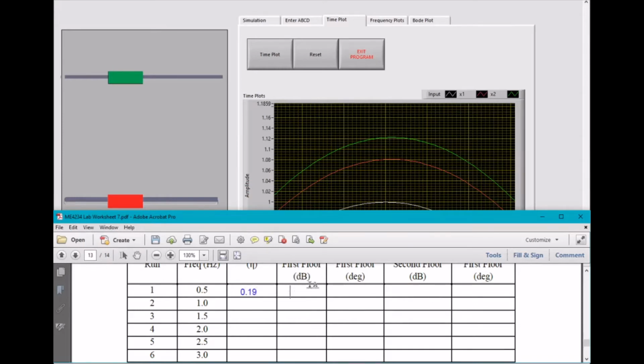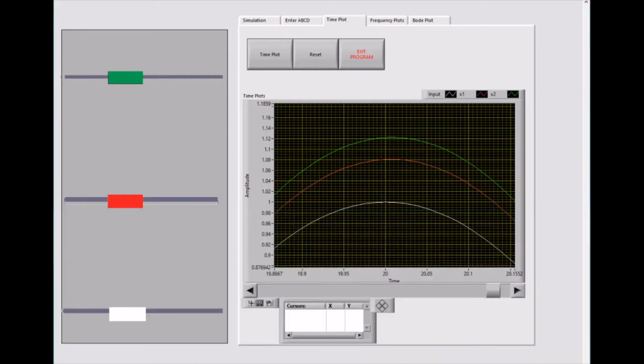I want to actually get rid of that one. So 1.08, and the degrees will be 0 degrees. Do you see any phase difference between the input and the output? They peak at the same time, almost nearly at the same time. So for 1.12, this will be 0 degrees. Okay, so I'm done with the first entry.